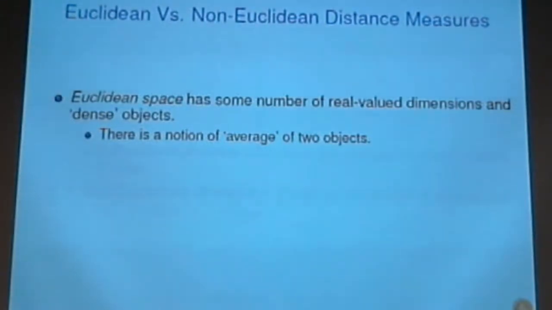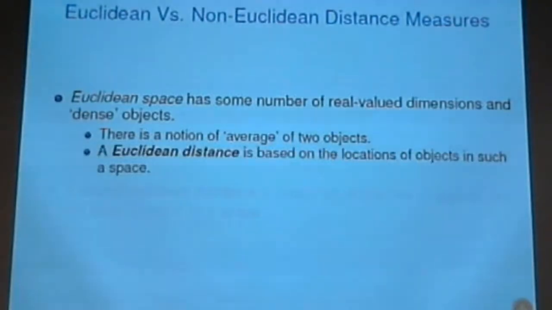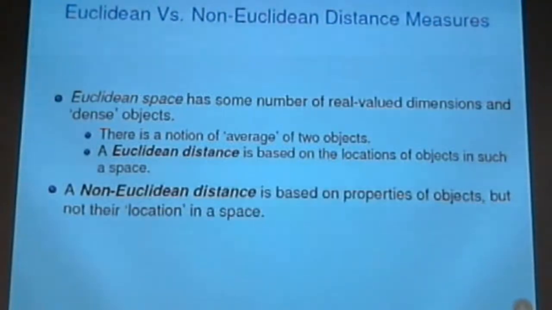Non-Euclidean basically is not looking at the location, but rather at the properties of objects. That's a major difference. So Euclidean distance is based on location, and non-Euclidean distance is based on properties of objects, but not their location in space. That's a major difference between these two types of distances.